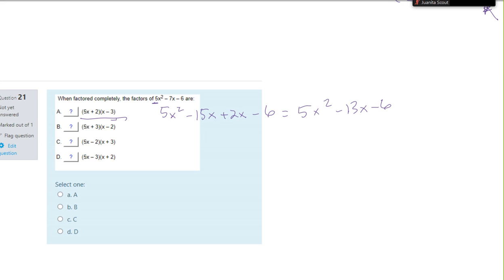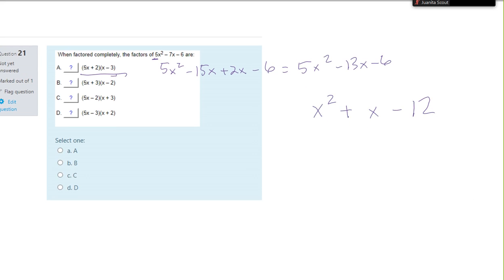But if it was an easier one, say it was x squared plus x minus 12. Let me just make sure in my head that that's going to work out. I think it does. So this type of polynomial, we can break it down because we've got the rules.